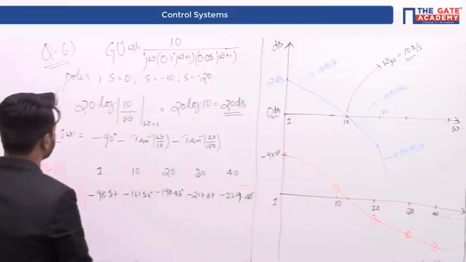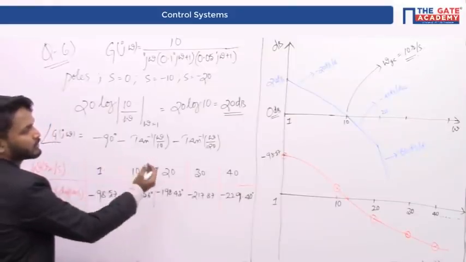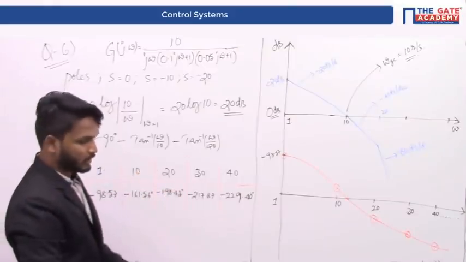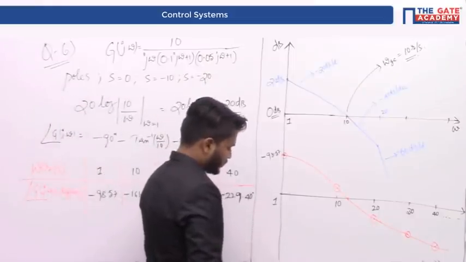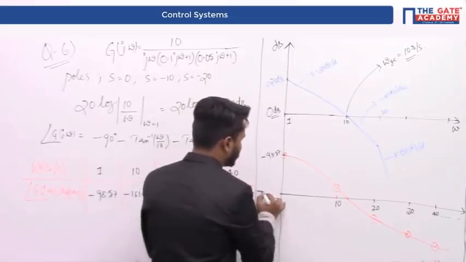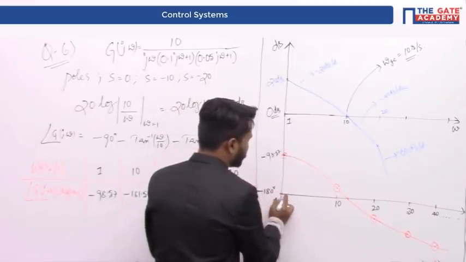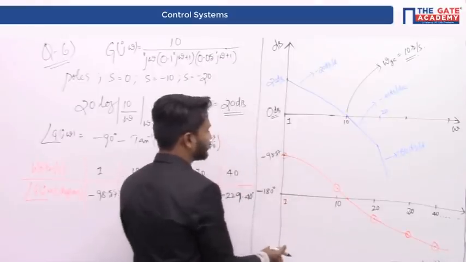In order to find out the phase crossover frequency, you have to equate the phase of the system with minus 180 degrees. So the phase plot of the system intersects the minus 180 degrees line at the phase crossover frequency.